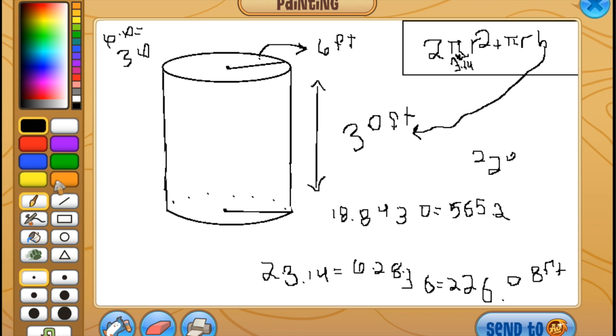So that means that we are adding 226.08 plus 565.2 feet.